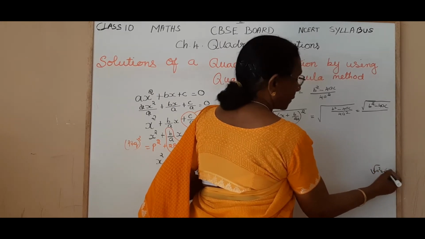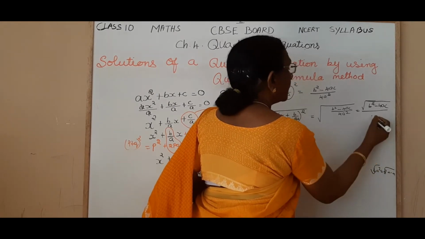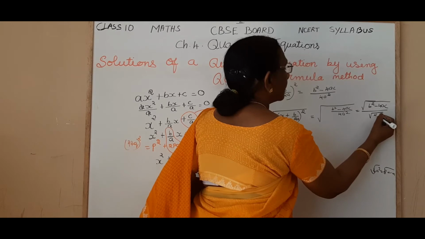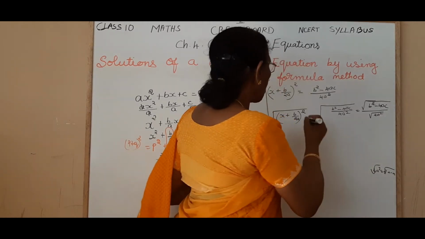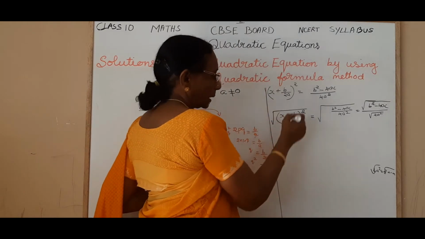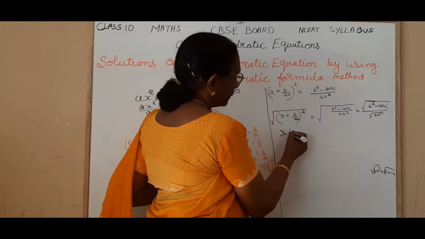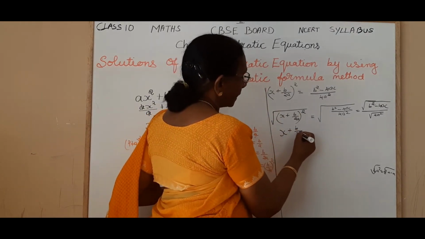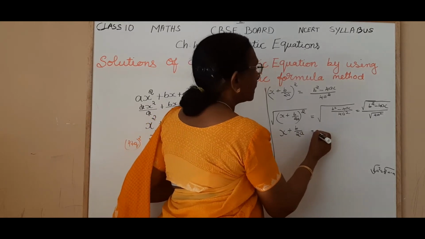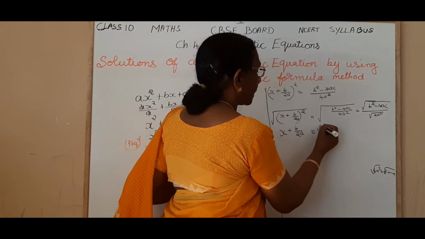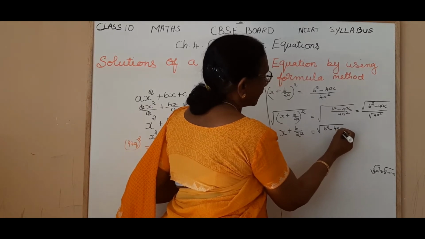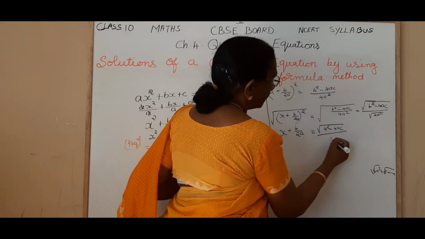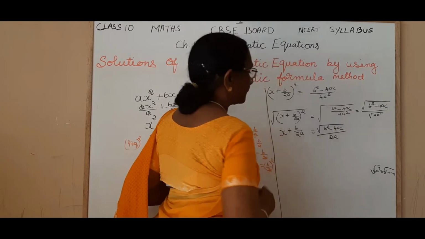So when you take the square root, it will be 2a. So now, what's the square root of this? It is x plus b by 2a is equal to root of b squared minus 4ac by 2a.